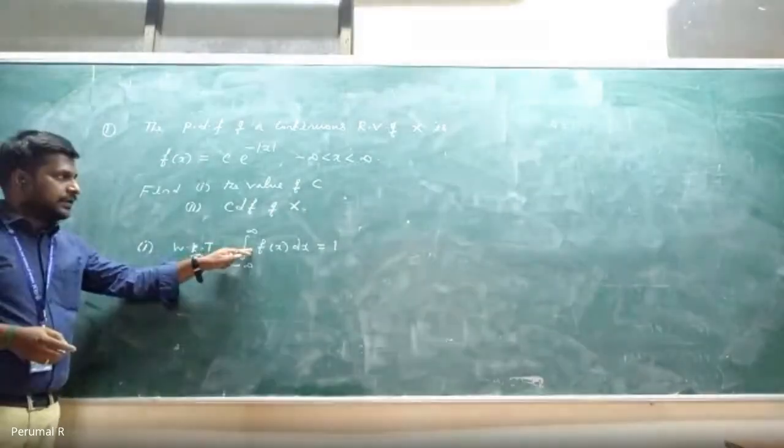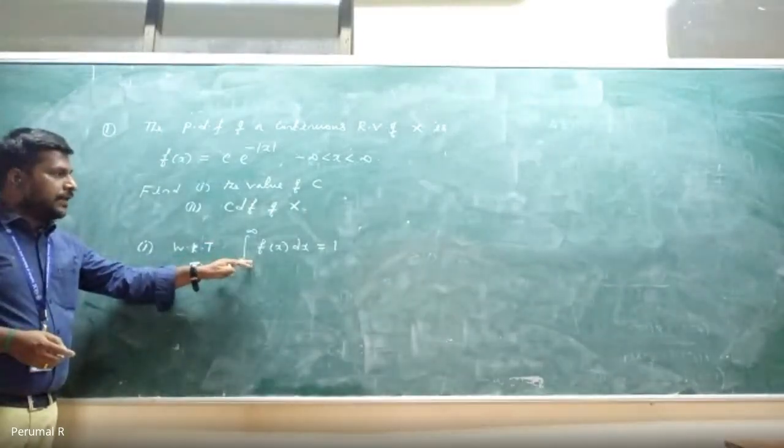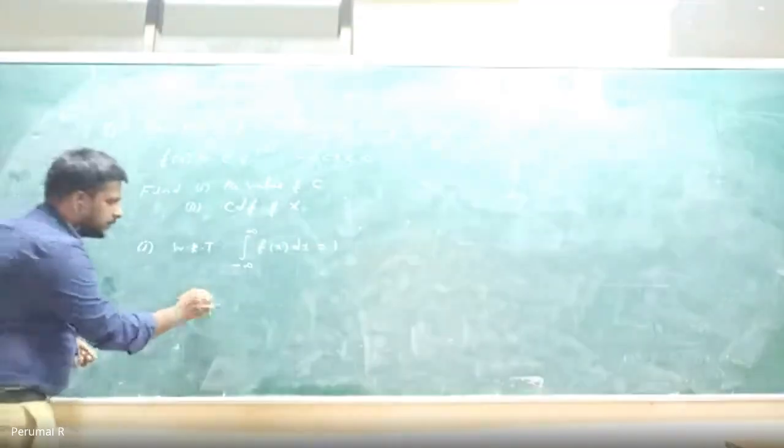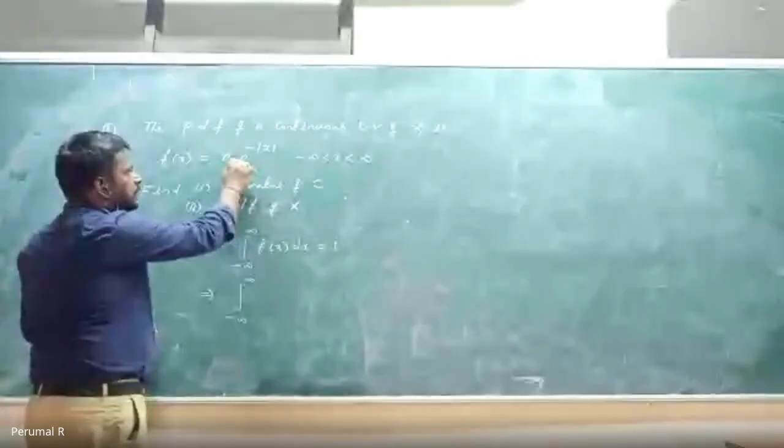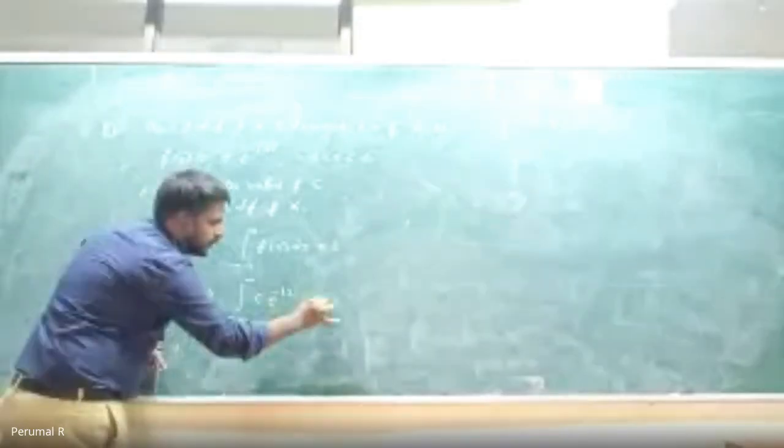The probability density should be greater than or equal to 0, and the integral from minus infinity to infinity of f of x dx equals 1. So using that condition, we have to find the value of C. Now we substitute the function, which is C into e power minus modulus x, in the integral from minus infinity to infinity, dx equal to 1. Here C is a constant, so I'm taking it outside the integration.